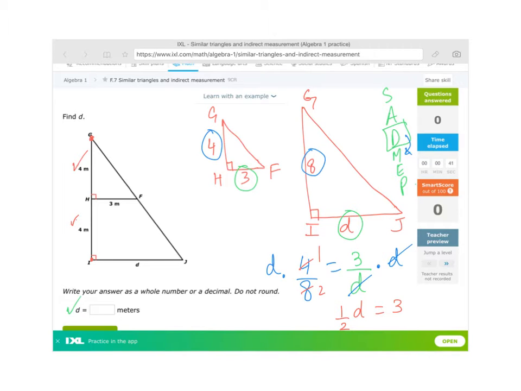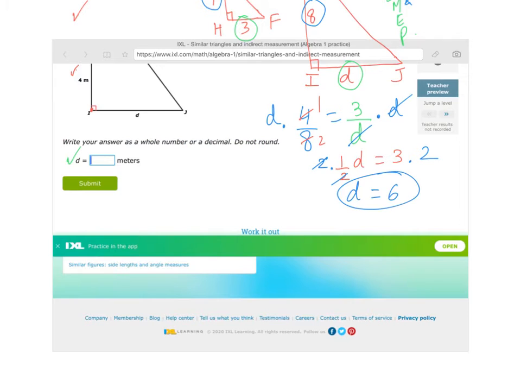Let's multiply 2 on both sides. Now the 2's will cancel, and on the other side, we have 3 times 2. So that is 6. So let's put in D as 6, and submit. That's how you get out of it.